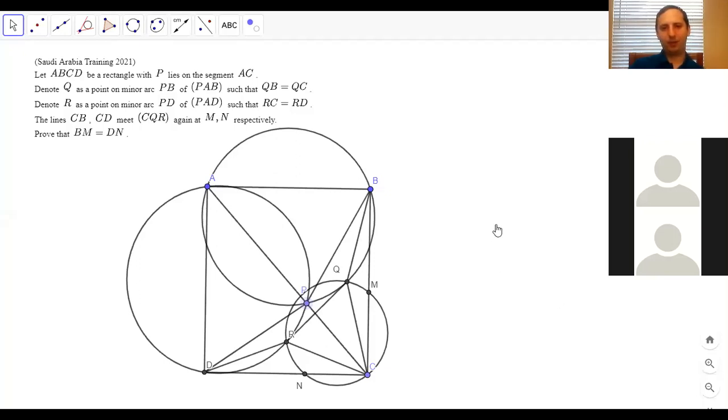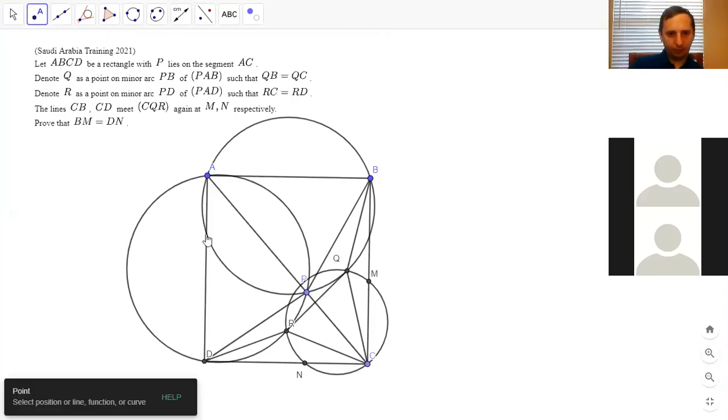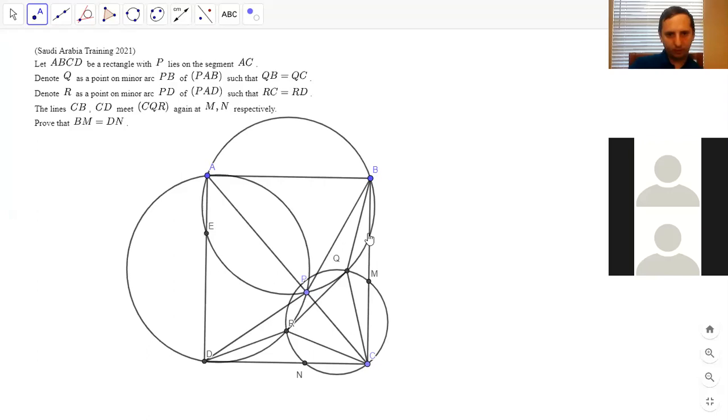So yeah, maybe I could rotate the figure because it's a rectangle. So often that helps. I'm just going to add in these points right here. So EF is parallel to AB and CD.